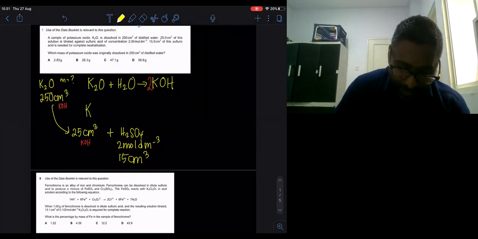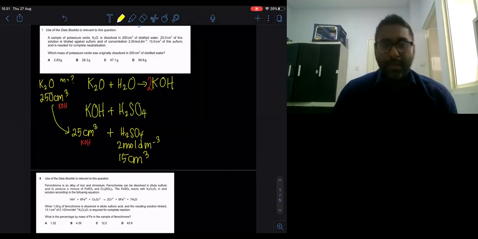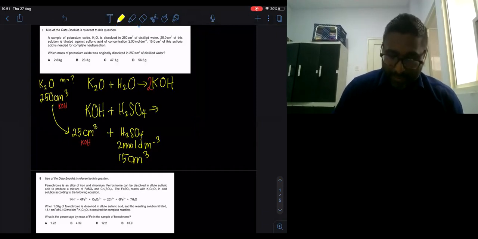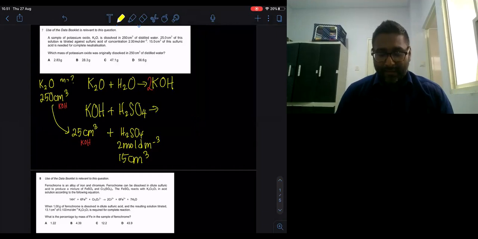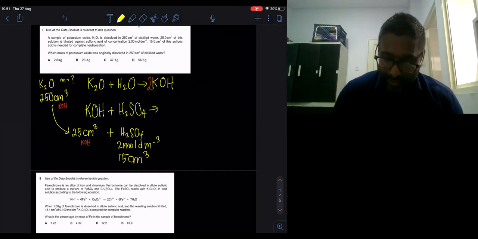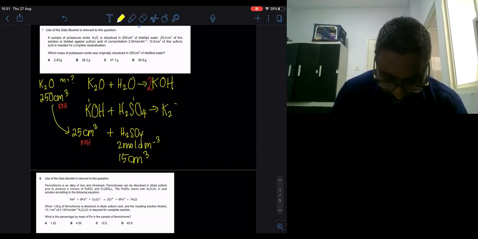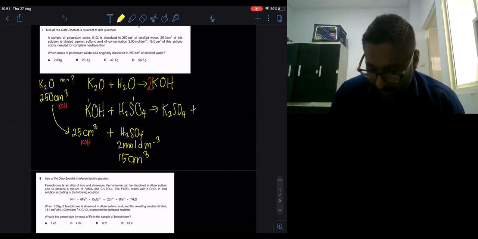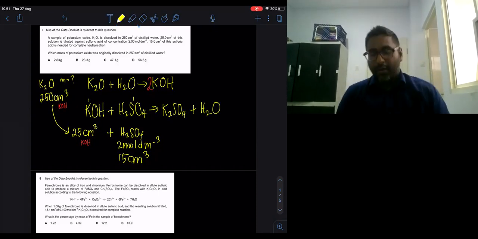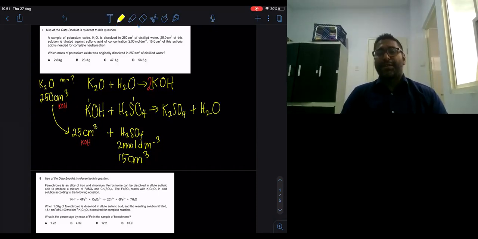So I will just put KOH plus H2SO4. This is going to be acid with base, or acid with alkali. You are going to get the salt, K2SO4 plus water. Salt and water, neutralization reaction.